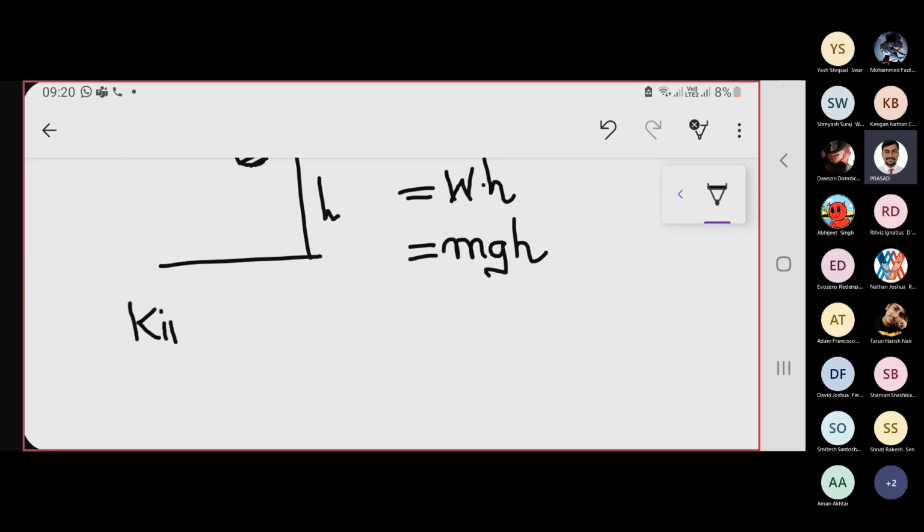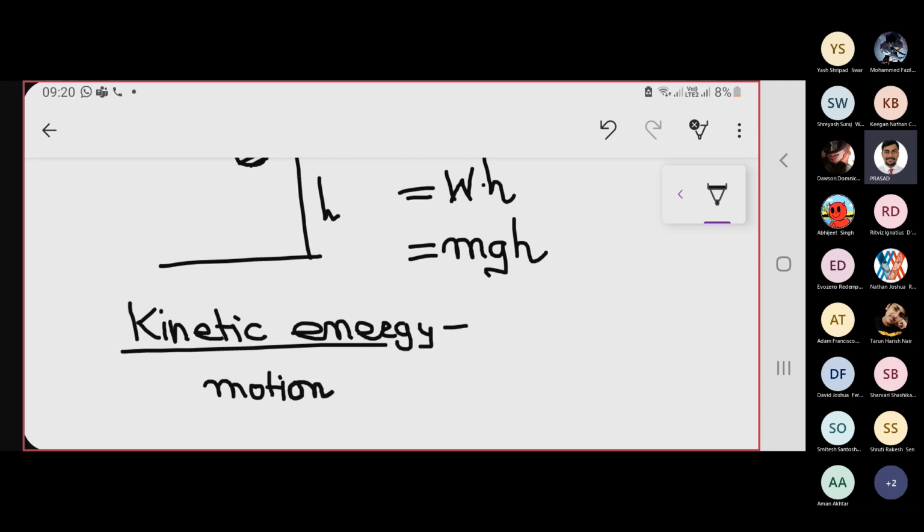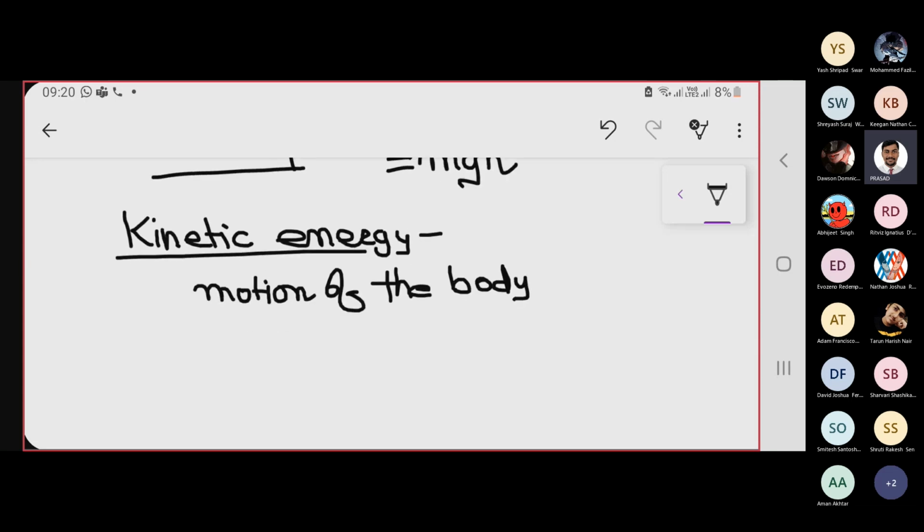Next is the kinetic energy. Kinetic energy is basically because of the motion of the body. This you have already studied, I'm just refreshing. Let's say a car is moving with a velocity of v meter per second.